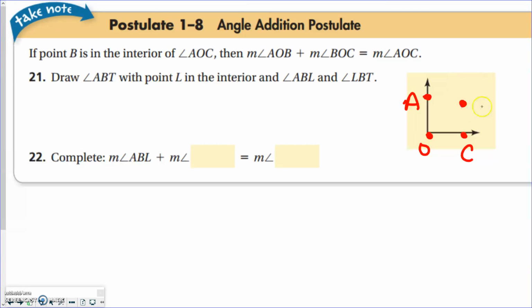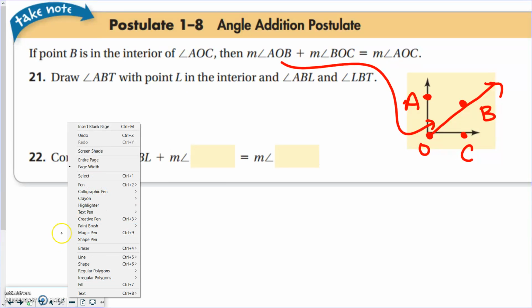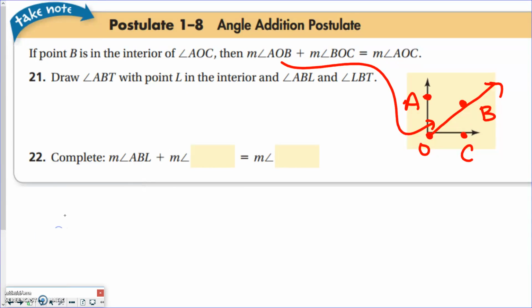I'll put a point there, call it B, and trace a line. So I've just created two angles. Here is angle AOB. Angle BOC is that angle. And angle AOC is the larger angle.